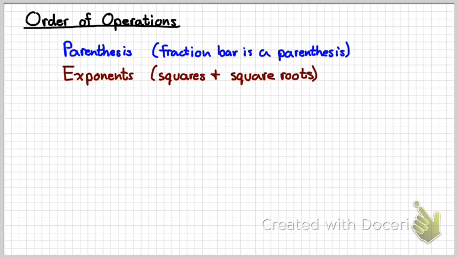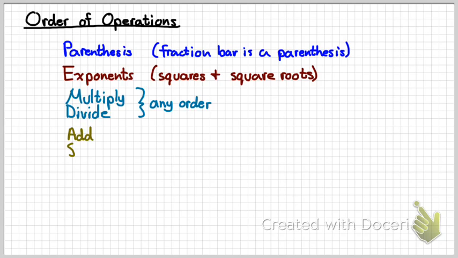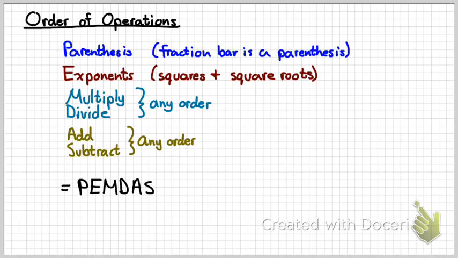Typically those are squares and square roots for us. Multiply and divide, those are really the same thing, so you can do those in any order. And then addition or subtraction, and you can do those in any order as well. So when you're evaluating, remember to go through parentheses, exponent, multiply, divide, add, and subtract, or the acronym you probably remember from elementary school is PEMDAS.